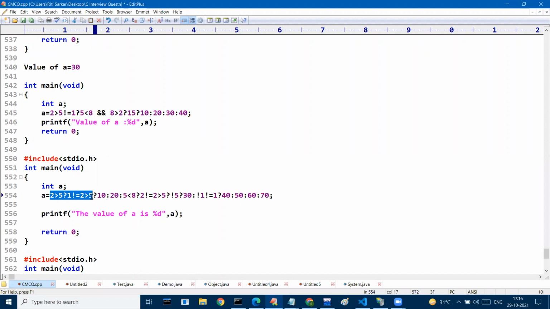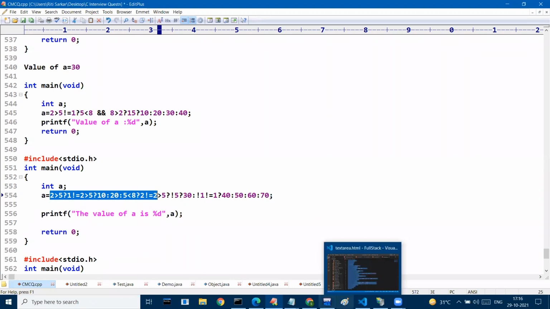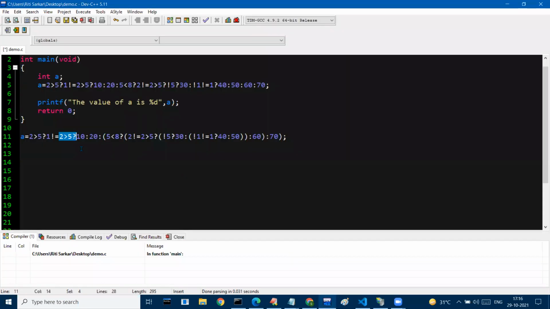Let me verify it once. Asking sign, 10 colon 20 colon 5 less than 8. Asking sign 2 colon 2 not is equal to 2 greater than 5. Yeah, this is okay.